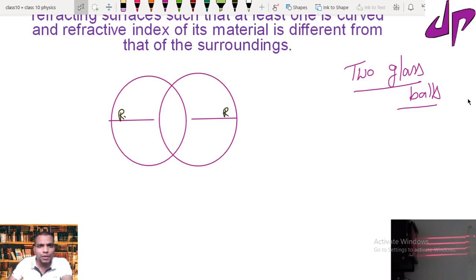But if we keep those together and cut this intersection part, which I am going to highlight, so if we cut only this intersection part, we get a double convex lens, the intersection part of these two. This we know simply as a convex lens.